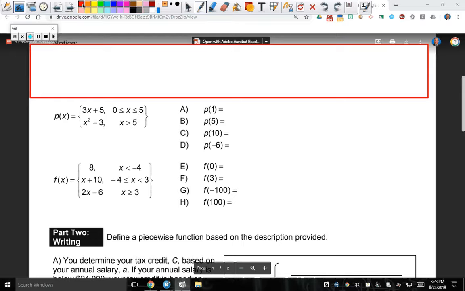What I'm going to do right now is draw this interval right here. Here we go. So from 0 to 5, it includes 0, it includes 5, and it's everything in the middle. You with me? This is the domain between 0 and 5.